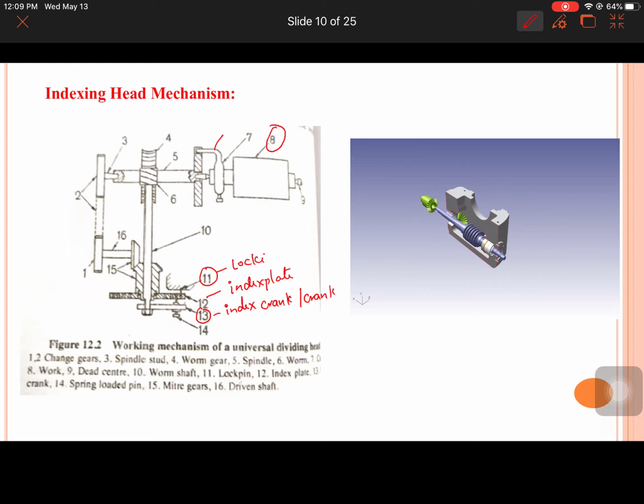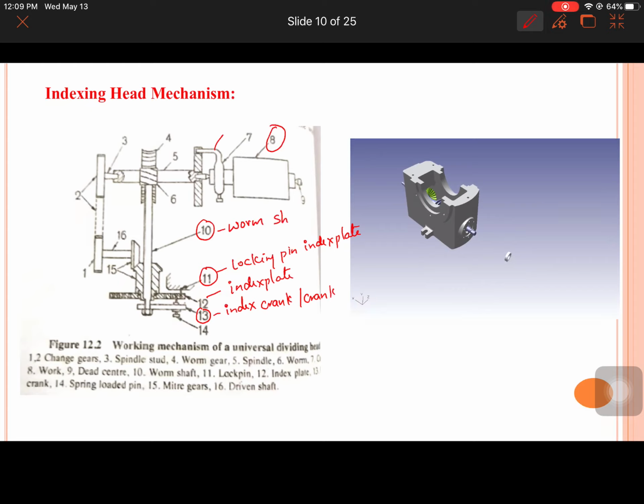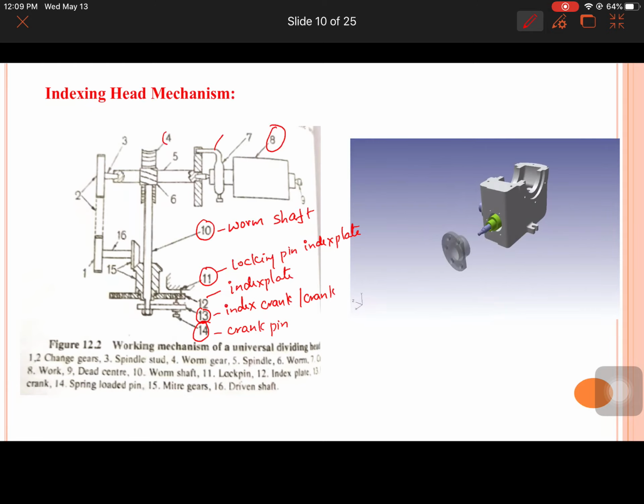Number 11 is called the locking pin related to the index plate. And the 10th one is called the worm shaft. And you can see this 14th is called the crank pin. And the 4th one is called the worm gear.